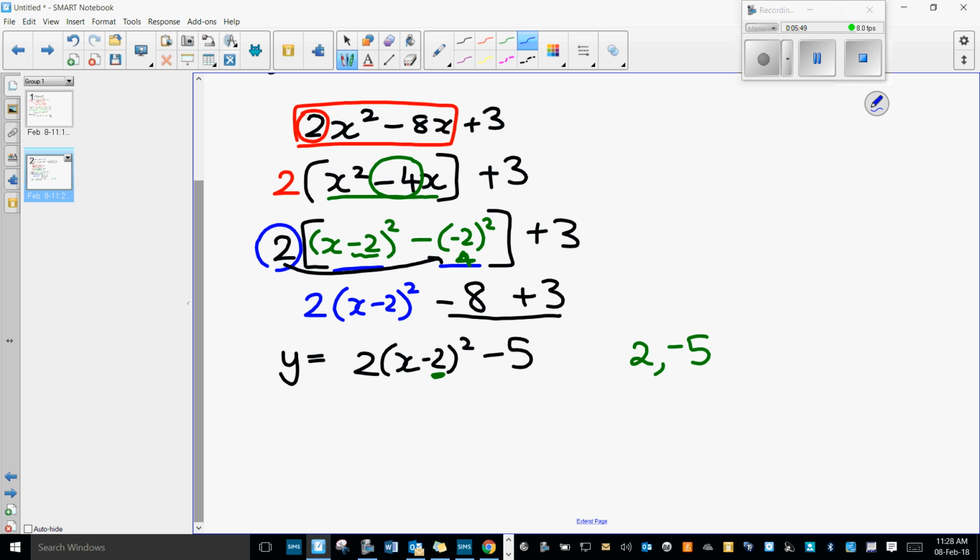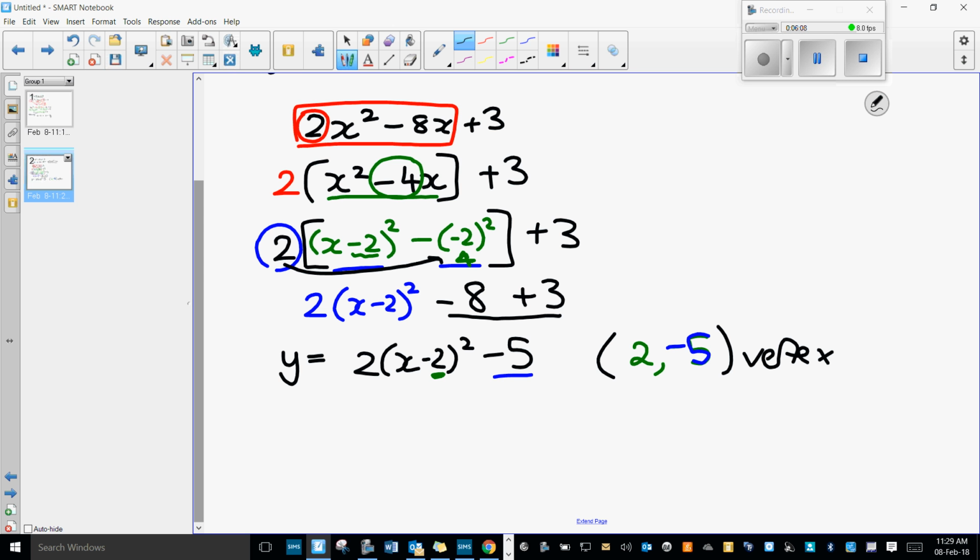That's where the vertex is going to be, and that's one use of completing the square. We know it's positively happy. We can then also find our x-intercepts, our y-intercepts, etc., as we would do normally. But the key thing is that that's where our vertex is.